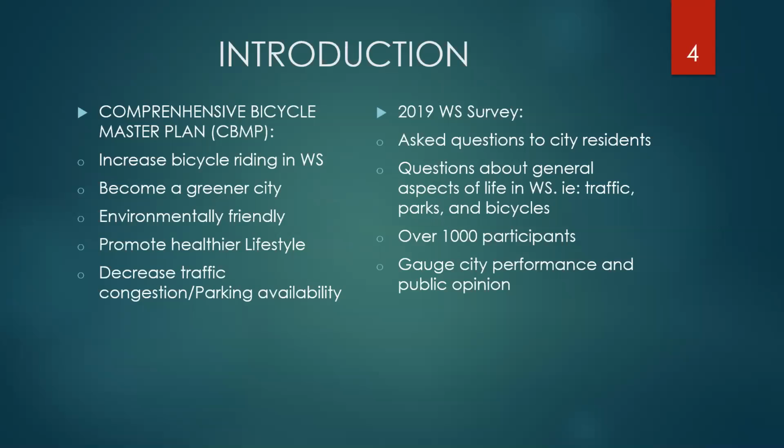Questions were asked on how residents felt about the city in many aspects of life, such as traffic, parks, and bicycles. Over 1,000 people participated and gave information that was used to gauge the city performance and public opinion.